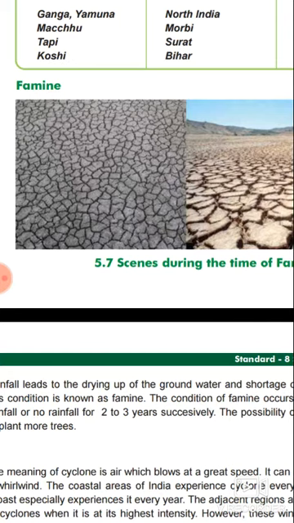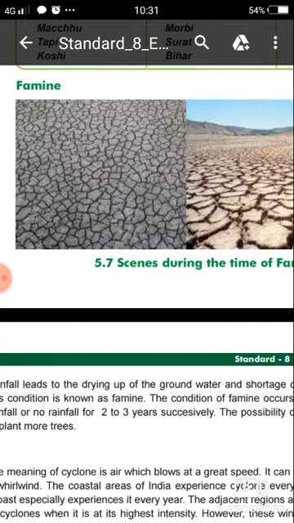The rainwater is easily washed away into the rivers and the seas and not retained by the soil due to the absence of vegetation. A lack of moisture in the soil leads to low productivity. Overexploitation and misuse of water in regions of low rainfall causes famine, drought-like situation.